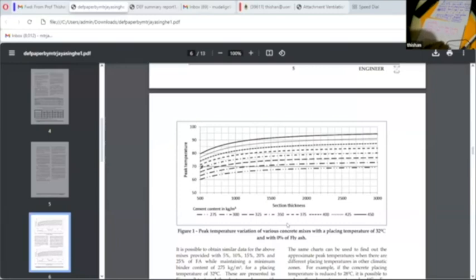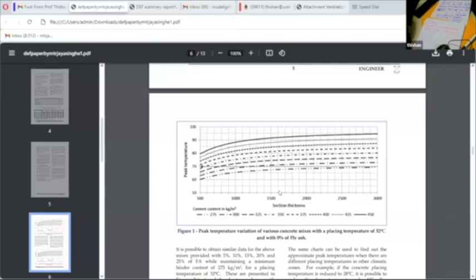What is 340 cement? This one. Okay, 340 cement, 350 cement, and you are reducing your placing temperature. Now you can see you can go up to 1500. So just by looking at this chart, you can say at which temperature you have to place the concrete the moment you know the cement content. Now, can you understand how to use this chart? Yes, I understood.